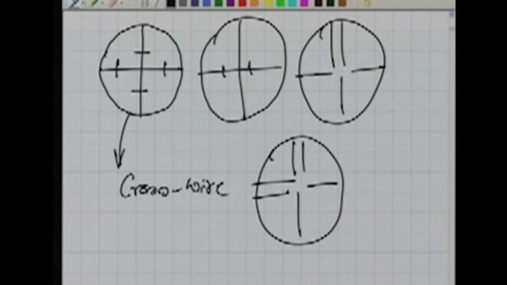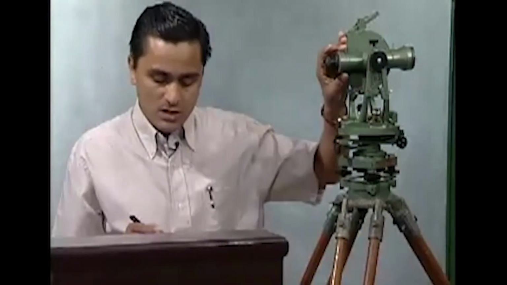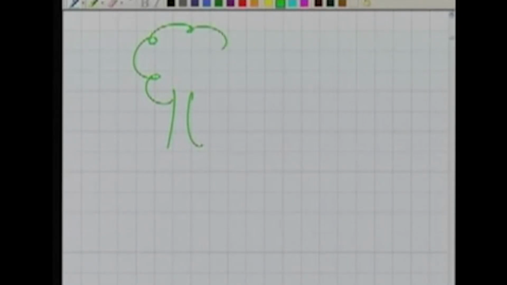All these facilitate proper bisection, all these facilitate proper taking of observations. So, when we look through the telescope, for example, if I have focused this telescope on a tree, let us say, what I see is the tree, and my telescope is focused on this tree over here.